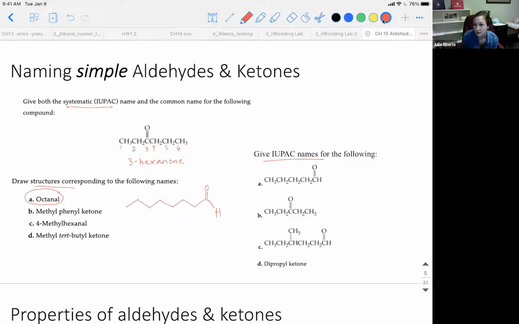We don't have any other functional groups here. Would we be able to do a line structure and then just tack on CHO? Or do you want us to do the double bond and show the H? So you're saying, could I do this? That's fine, Claire. Okay.